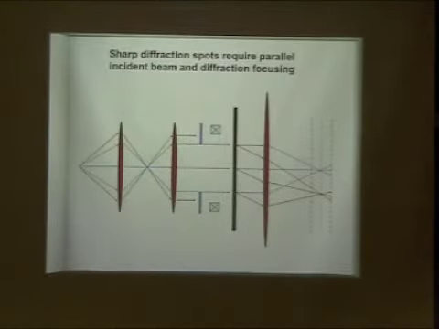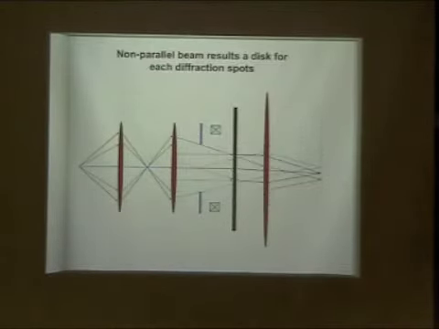Now, why do you also need a parallel beam? If you have a converging beam, with a rather large angle, or a diverging beam, either way, what it ends up is that you actually have many parallel beams at different orientations over an angle. Each of these parallel beams will focus on a different point. And what you end up with, instead of a sharp spot, is a disc.